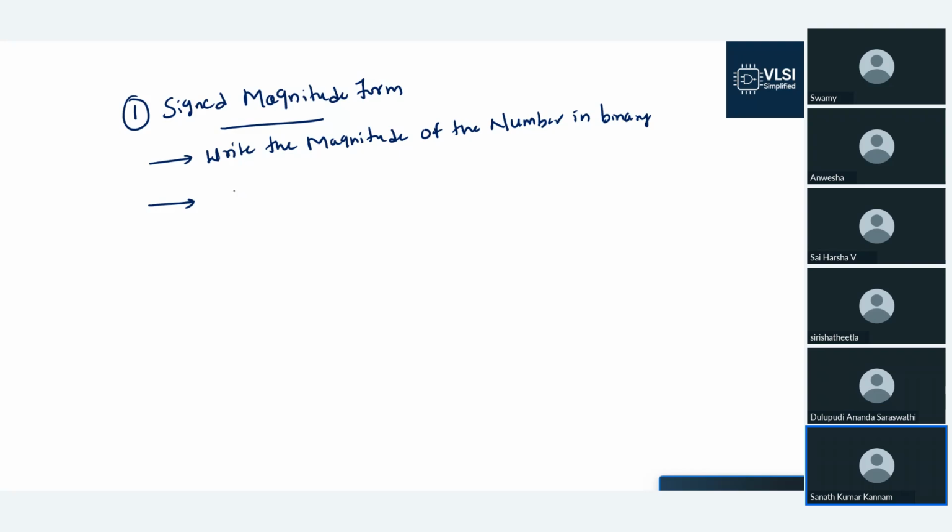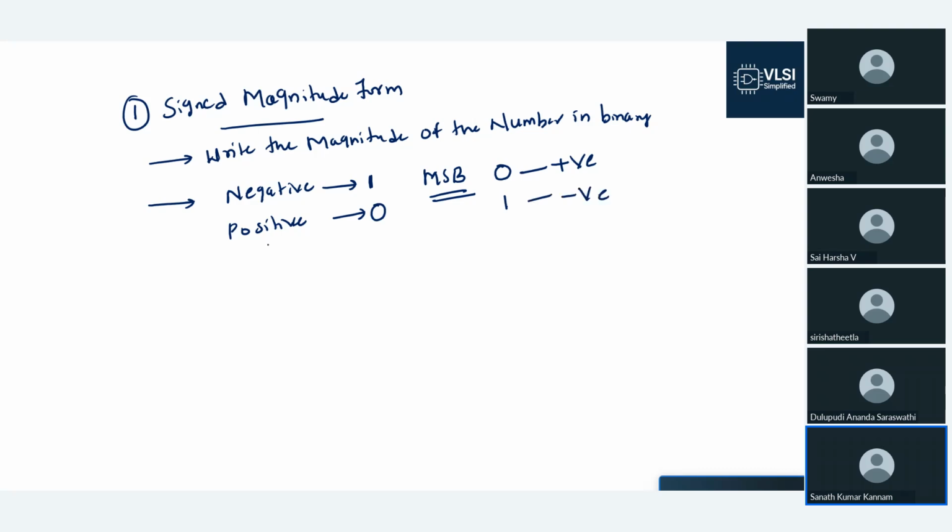If it is a negative number, you need to add 1 before this. If it is a positive number, you need to add 0. So the MSB bit will decide whether the given number is positive or negative. If MSB bit is 0, the given number is positive, and if MSB bit is 1, the given number is negative.